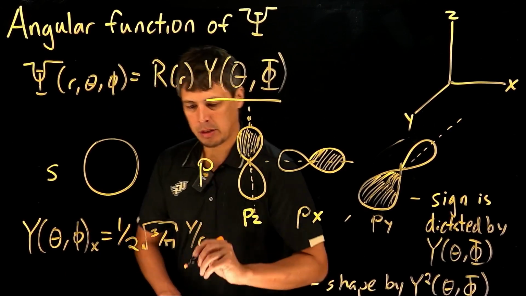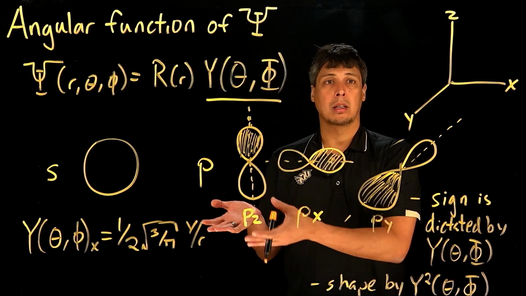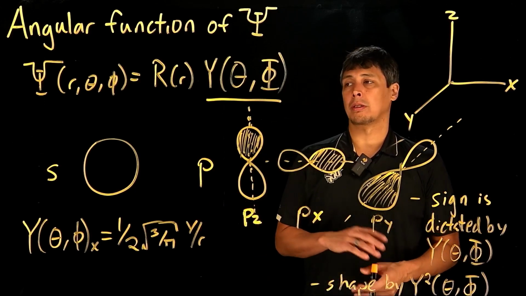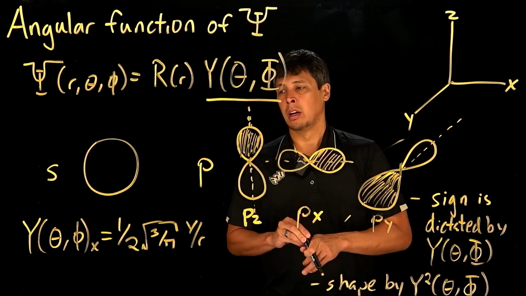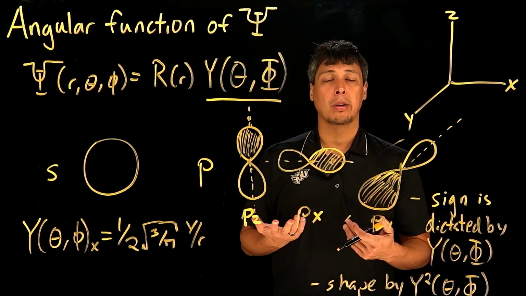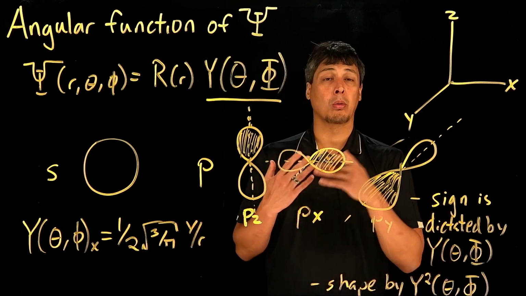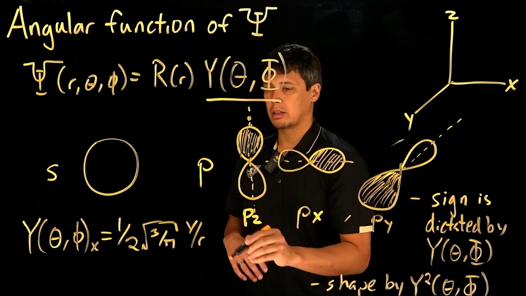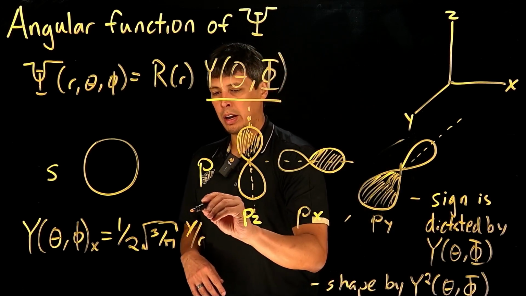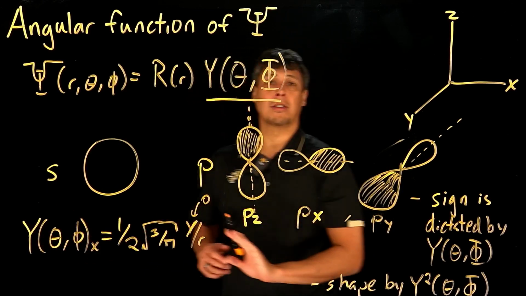Similar to how we did some analysis of the mathematical function for both the one-dimensional particle in a box and for the radial component, we can try to find areas dictated by the mathematical function where there will be no probability of finding an electron. If we look at this, we see that when y is equal to 0, the entire function becomes 0.